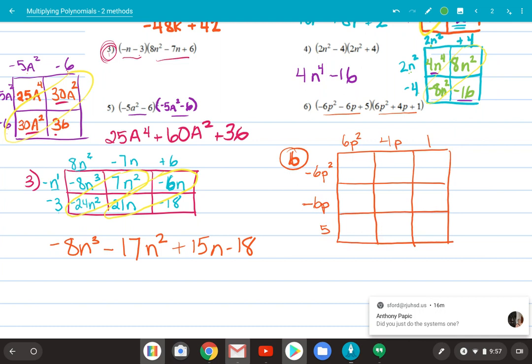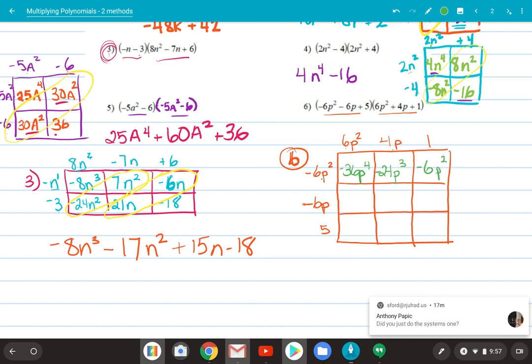So 6p squared times negative 6p squared. So we're going to get negative 36p to the 4th. Negative 6p times 4p, negative 24p squared, and p means p to the cubed. And anything times 1, that's the nice one. We just get it back.